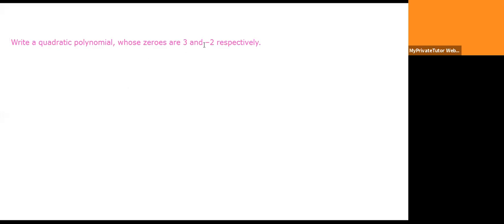Write the quadratic polynomial where the zeros are 3 and minus 2, respectively. So what you will do? A is 3, B is minus 2, and what are the factors? X minus 3 and x plus 2.